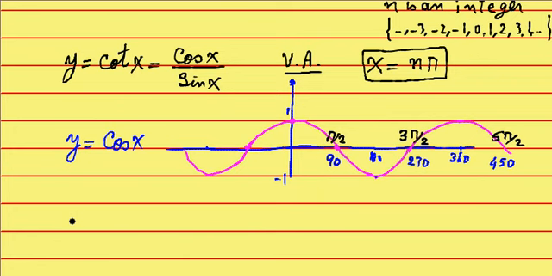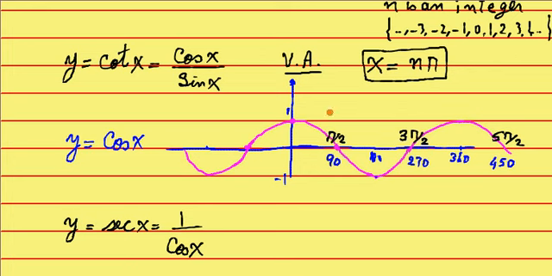A function that's going to be of more interest to us right now is the secant. That is just 1 over cosine of x. So we learn our lesson. Whenever cosine is 0, we are going to have vertical asymptotes for the secant. And here is where those things are going to show up.